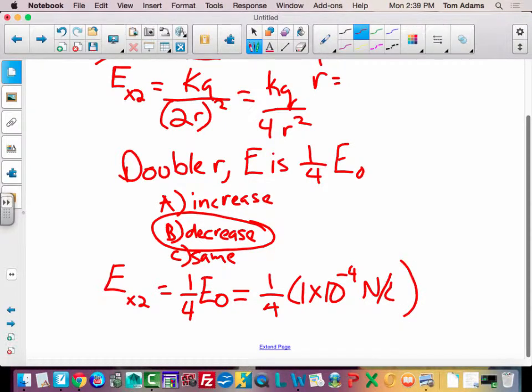And it should be 2.5 times 10 to the negative 5 Newton coulombs. Does that make sense? So by doubling the distance, you reduce the electric field by 1/4, or multiply it by 1/4.